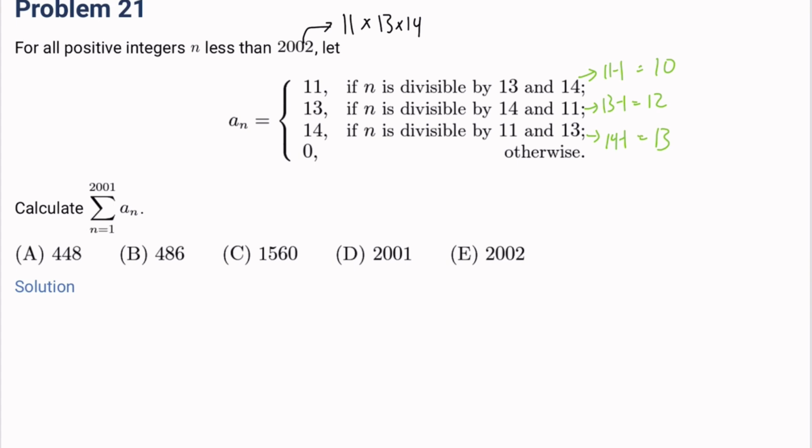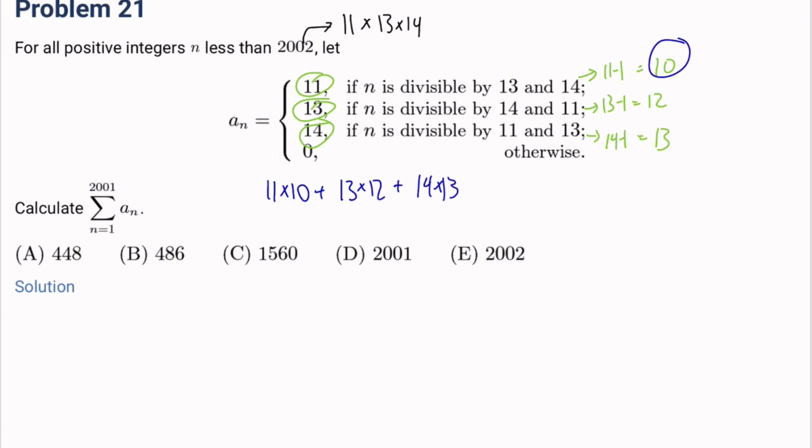And then these values are 11, 13, and 14. So what we get is, because of the 0, we don't need to care about what happens otherwise, right? And so if we just calculate everything, it's 11 times 10 plus 13 times 12 plus 14 times 13, right?